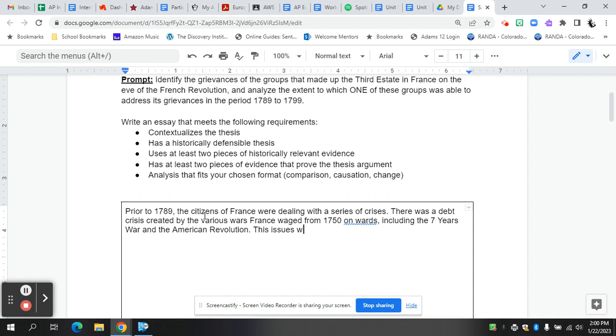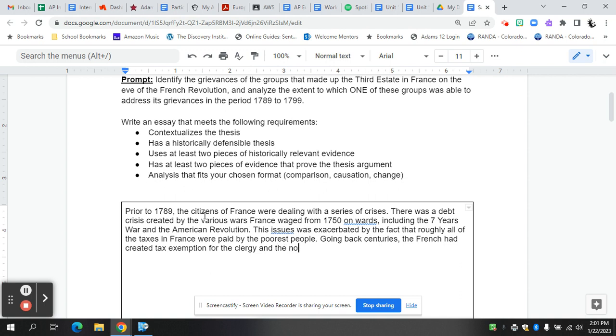This issue was exacerbated by the fact that roughly all of the taxes in France were paid by the poorest people. Going back centuries, the French had created tax exemptions for the clergy and the nobility.